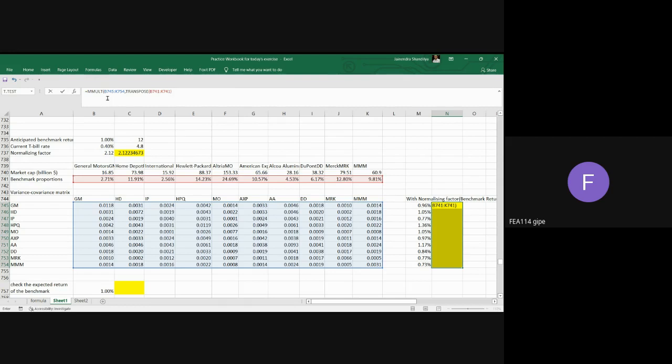Because first this matrix will get multiplied with this transpose, and thereafter, but before that, we want this to be multiplied by this normalizing factor. So I'm putting one more extra bracket, using this normalizing factor as the multiplier, then closing this, and plus the risk-free rate, which is the treasury bill rate. So my formula for this benchmark return is done.